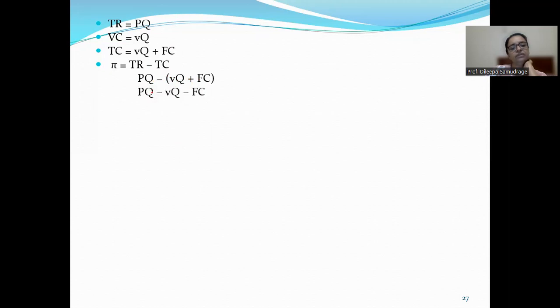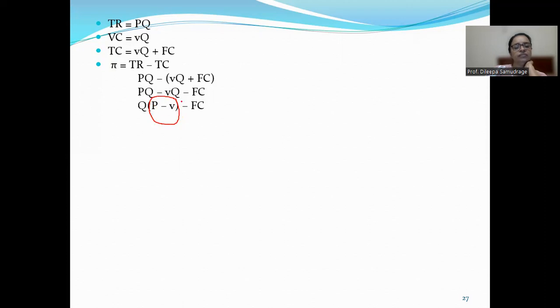Then you have two Q terms here, right? So take Q out, then write the equation again. Once you take the Q out, you have P here and V here, and minus FC. So this part we call as what? Selling price minus variable cost.